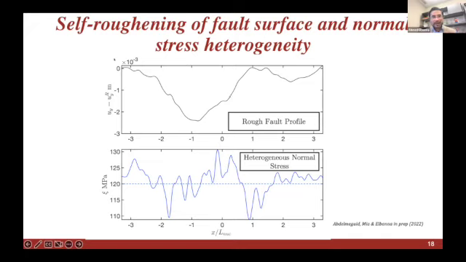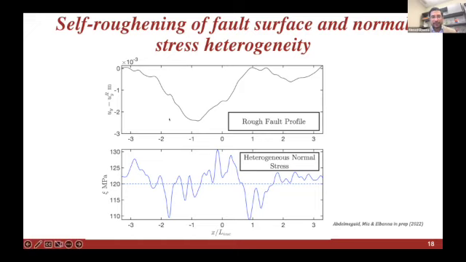This scale here is in millimeters. And when you translate the nucleation length here, this horizontal scale would be tens of meters. So maybe this is an order of magnitude less than commonly observed fault roughness, but this is something that evolves naturally as part of the simulation here with very simple input and constraints.